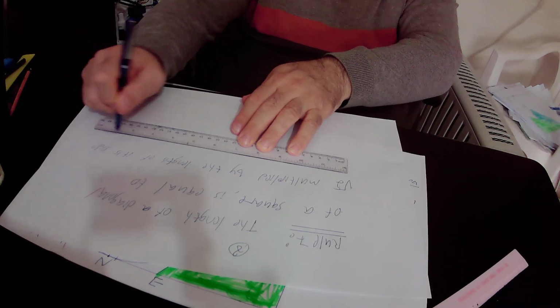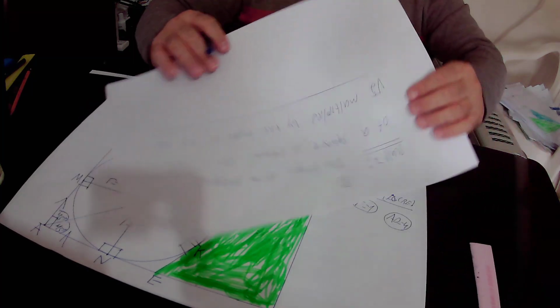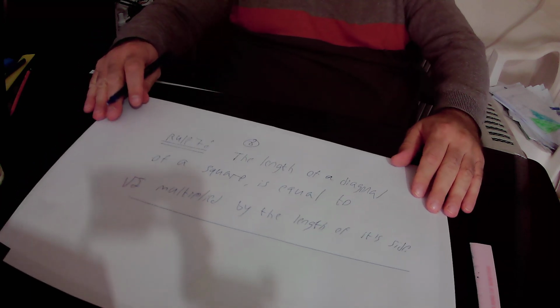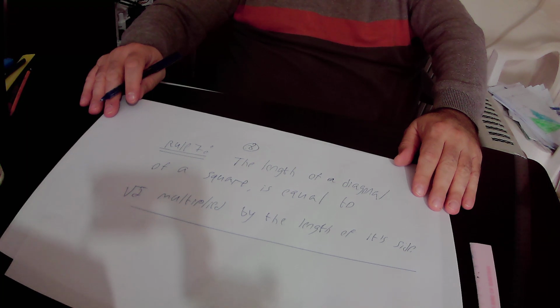I will repeat rule number 7 again, then I will explain it. According to rule number 7, the length of a diagonal of a square is equal to square root of 2 multiplied by the length of each side.